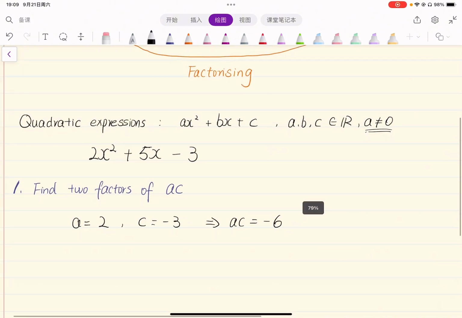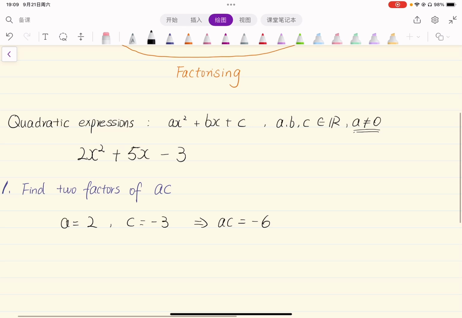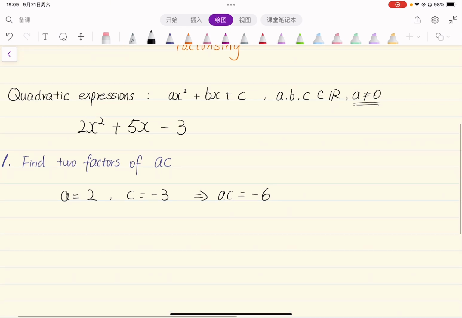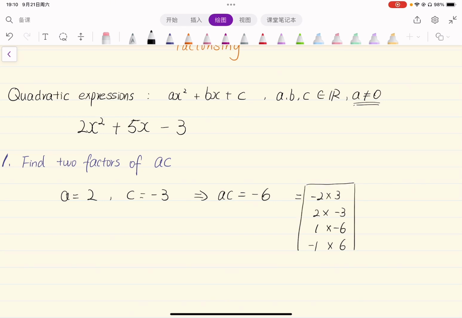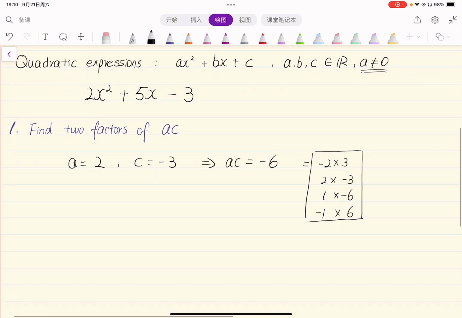Then we need to find two factors of minus 6. What can we have? We can have minus 2 times 3. We can have 2 times minus 3. And we can also have 1 times minus 6 and minus 1 times 6. They're all the possible factors, right? So which one can we use?